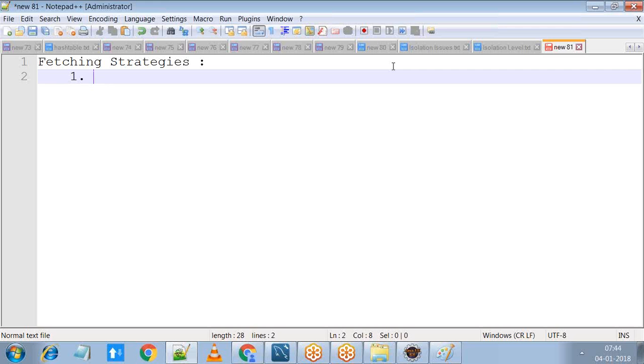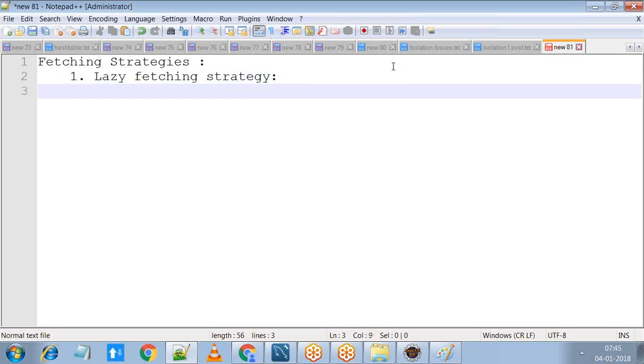By default, Hibernate follows the lazy fetching strategy. When I say lazy fetching strategy, what does that mean?